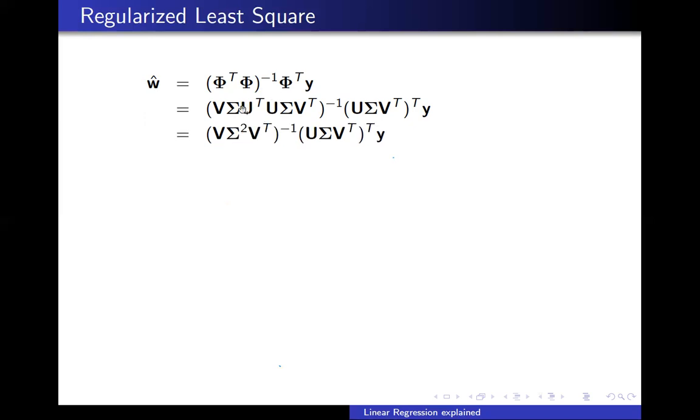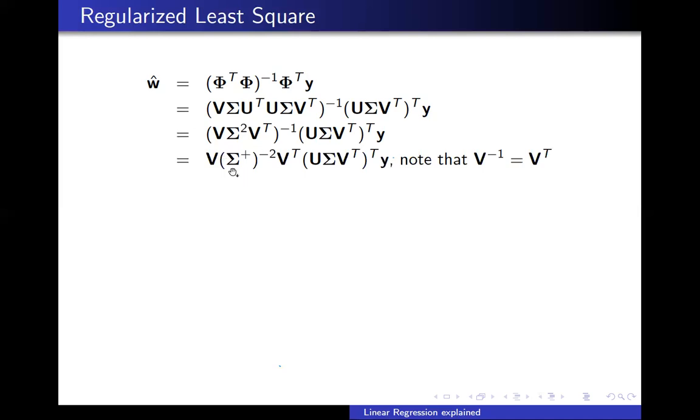So you end up with this, and since sigma is a diagonal matrix, sigma times sigma is the square of the diagonal matrix. That means each diagonal entry becomes simply squared. And then if you have to take the inverse of this, the inverse of V is simply V transpose, and the inverse of a diagonal matrix is simply, if the entry is non-zero, 1 over that diagonal entry, and if it is 0, then it remains 0.